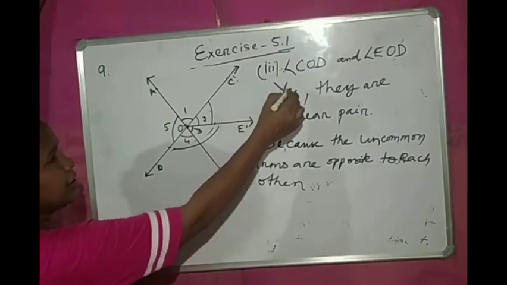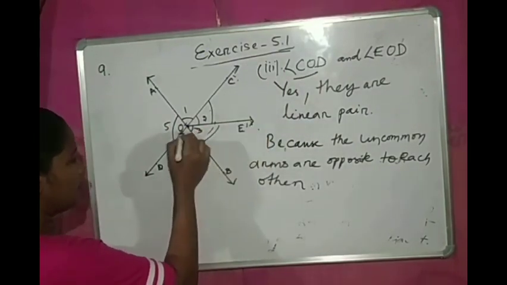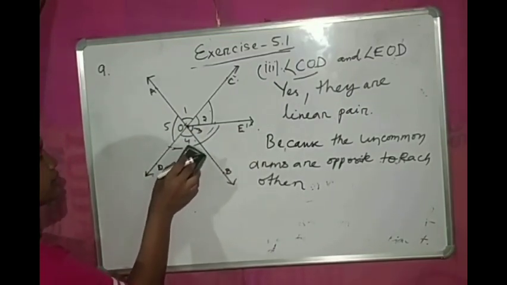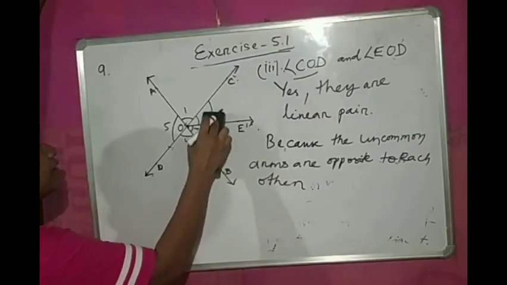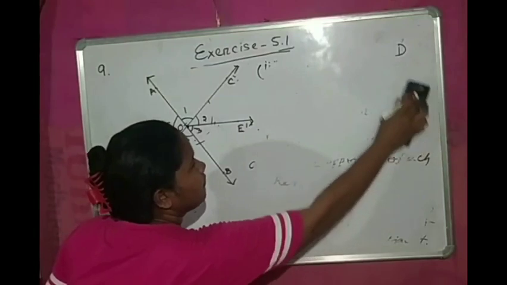That's why angle COE and angle EOD are a linear pair: they are present on a line, or you can say their uncommon arms are opposite to each other.